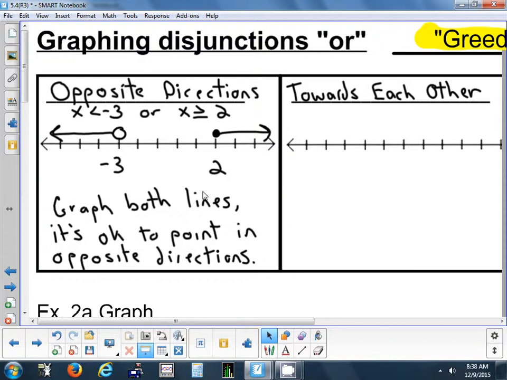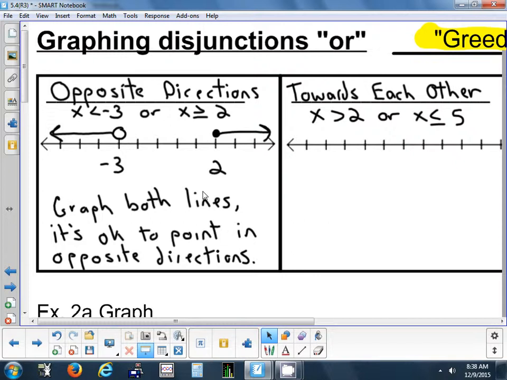I'm also going to get a situation where the inequality signs are pointing towards each other. So it might be something like this, see how they're pointing towards each other?